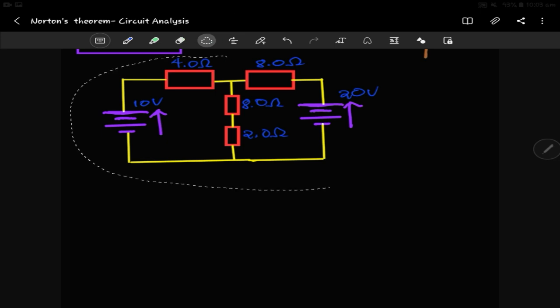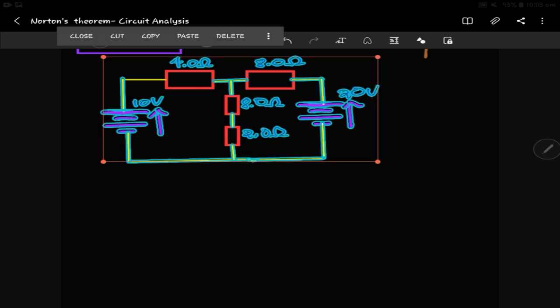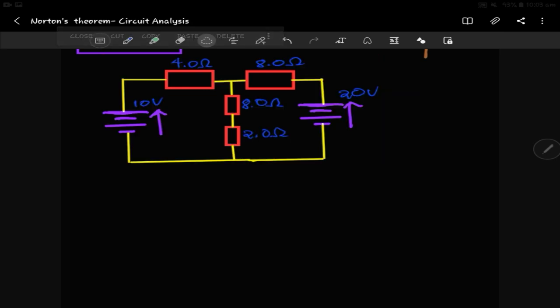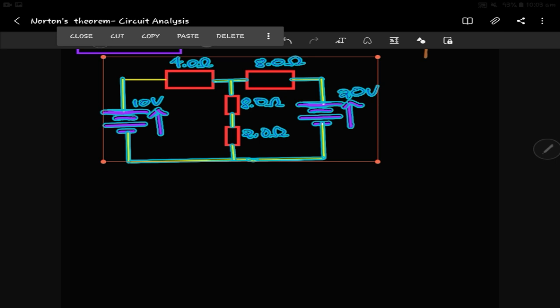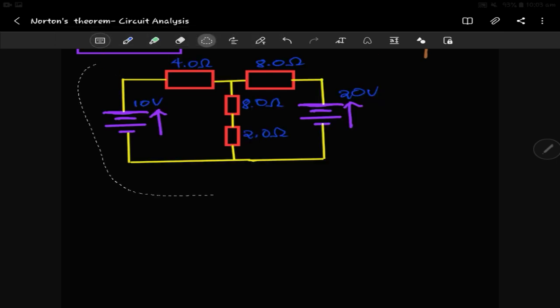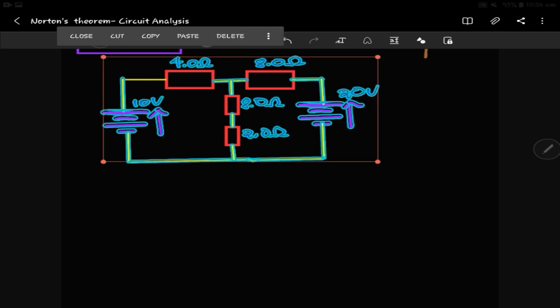One important thing is that whenever you look at a circuit you're trying to analyze, be very careful of the values. In this example, we have 20 volts, 10 volts, but the resistors are in decimals.